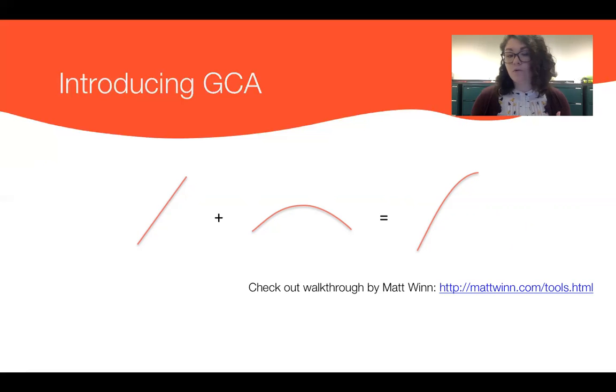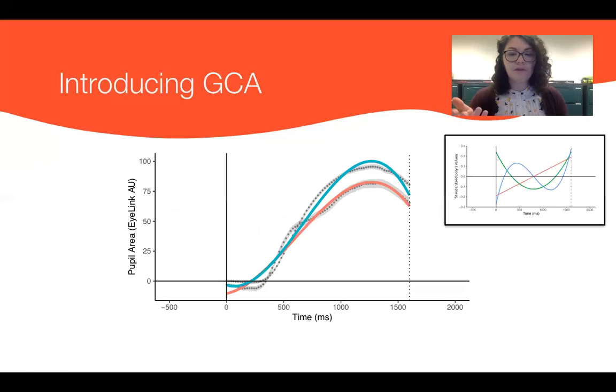But this is what we're doing with a growth curve model. We are introducing as factors in our model these sorts of shapes, and by doing so we can add them together and change our linear model so that it will actually fit to our pupil data. So this is what that ends up looking like.